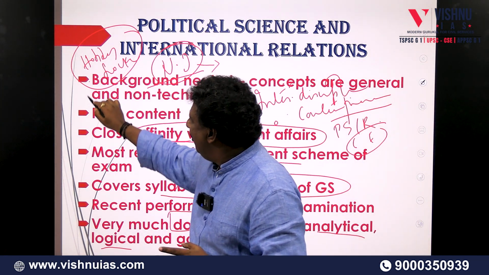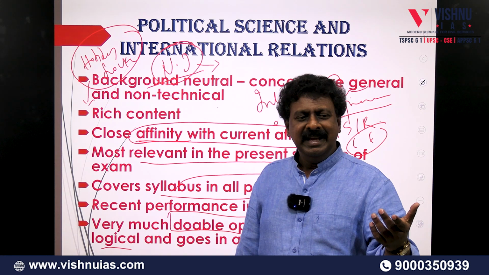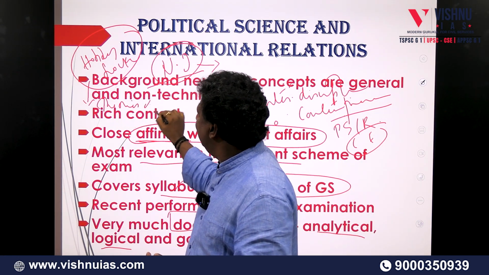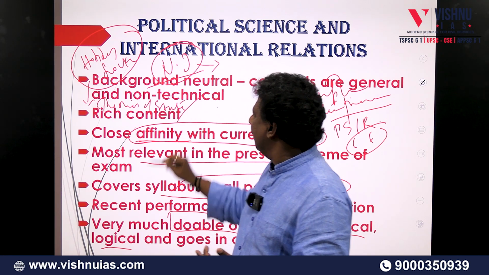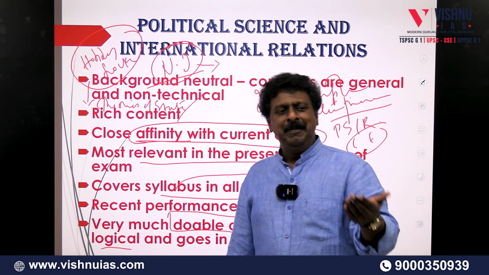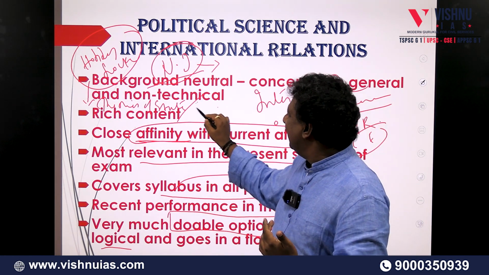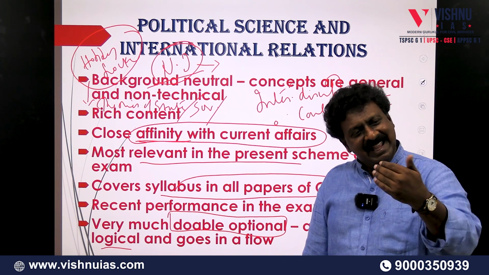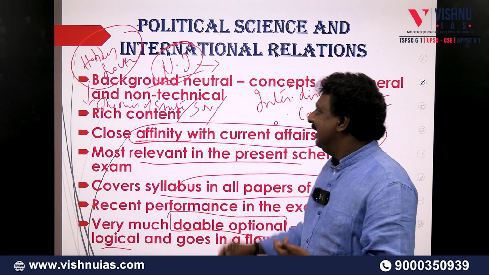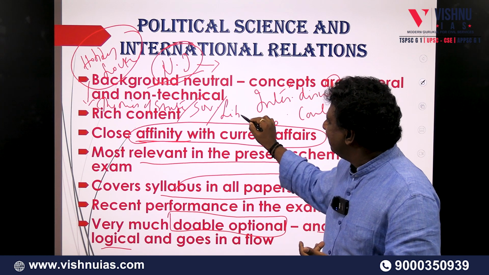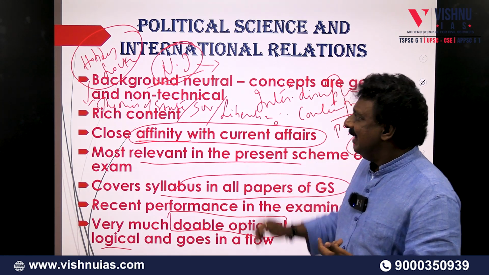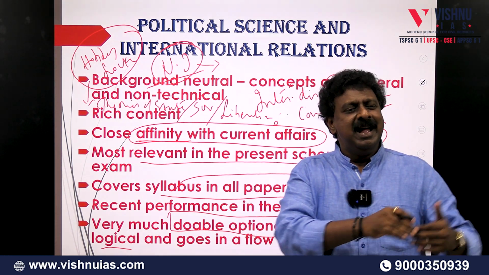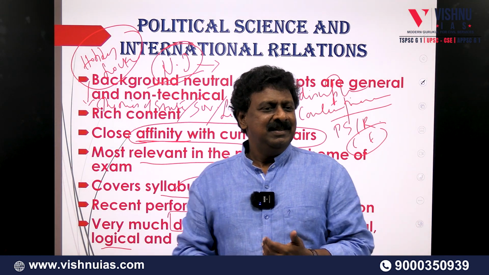And both these thinkers will again appear in theories of state, again in your understanding of the concept of sovereignty, and again in ideologies, in liberalism. These two thinkers figure in a good number of other topics in your syllabus.